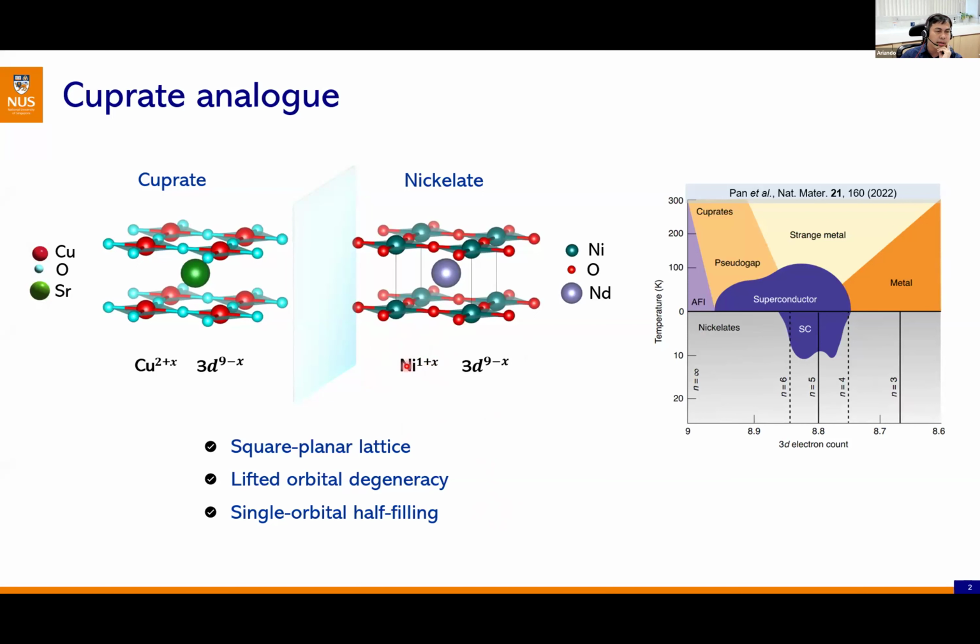So this can replicate the 3d9 electronic structure of the cuprate with this lifted orbital degeneracy, hopefully the single orbital half filling as well.